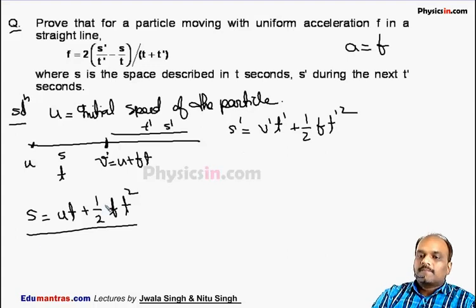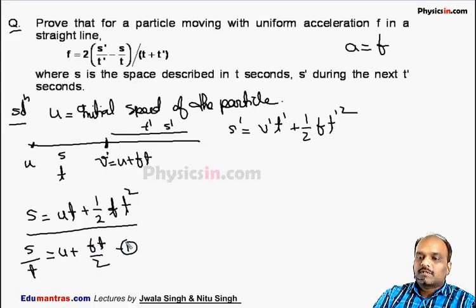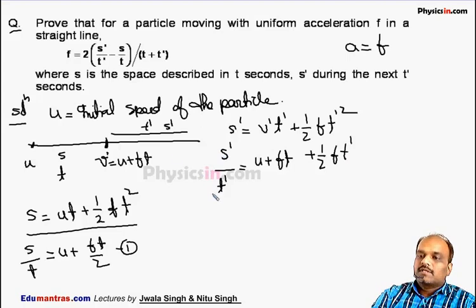So now from here I can say s by t is equal to u plus f t by 2. This is the first expression. From here I can say s dash by t dash is equal to v plus half f t dash. We can substitute the value of v from here. It is u plus f into t plus half f into t dash. So this is s dash by t dash.